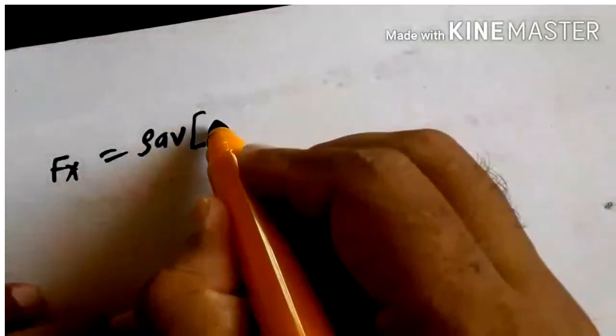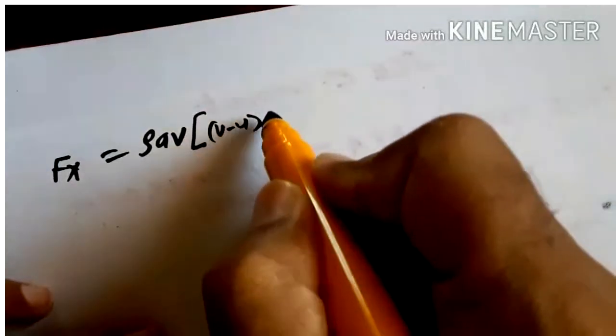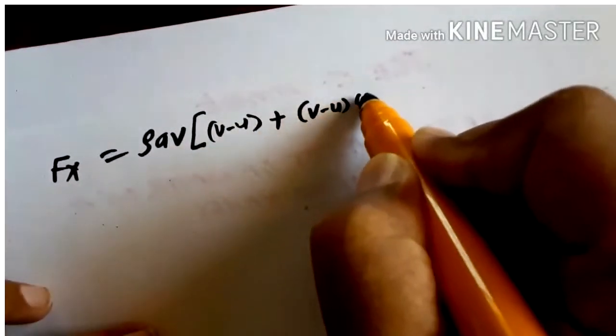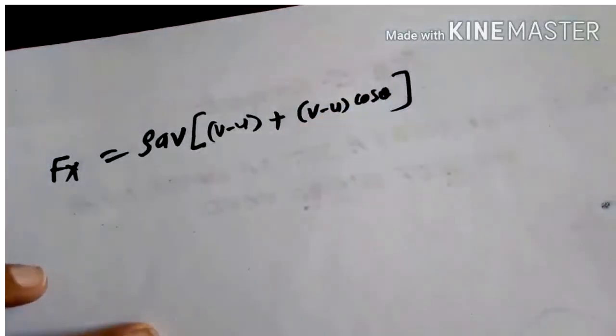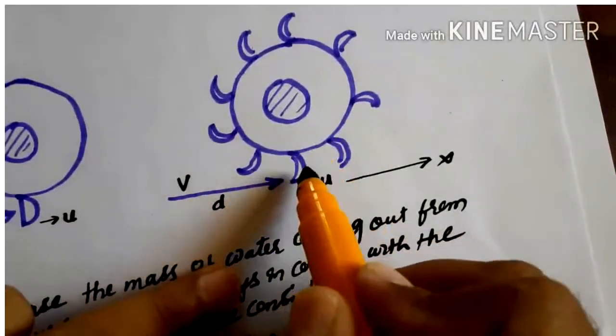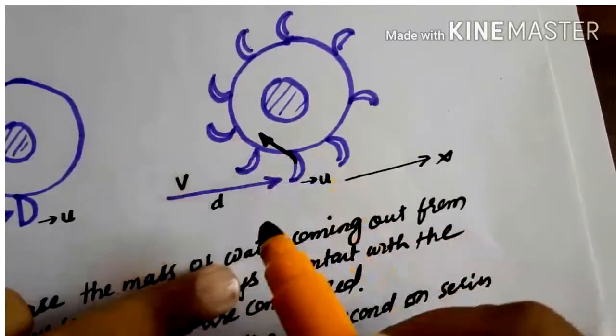So that is v minus u, plus v minus u into cos theta. Why cos theta? Look, the jet is striking at the center here, and when it strikes, the jet will exert force like this.